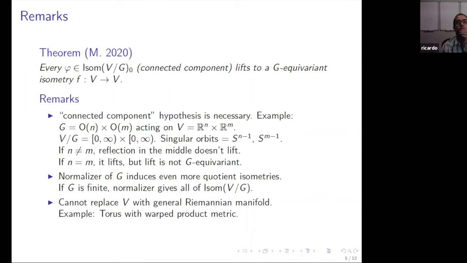And for hyperbolic space, I think it should also work. It needs to fix a point, right? You take any orbit and you take the center of mass. And then you can see it acting on the tangent space there. And any isometry of the tangent space extends to an isometry of the whole hyperbolic space. So yeah, I think it works there too.